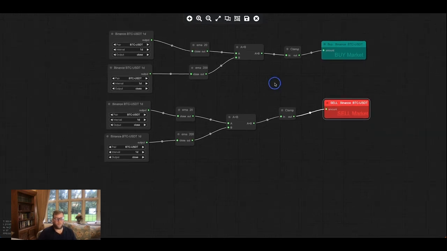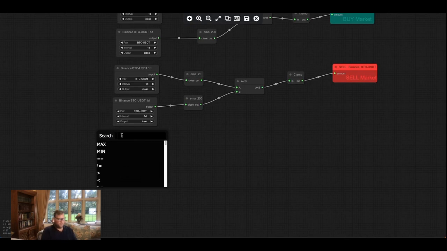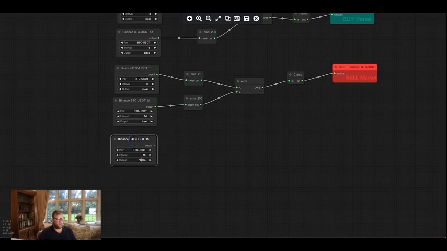We're not going to stop there though. We're going to add in a stop loss so that you can see that too. So rather than looking at the daily chart, I'm going to look for shorter price movements, which might be indicative of the market falling or crashing.